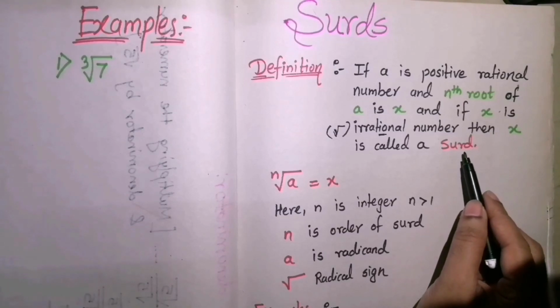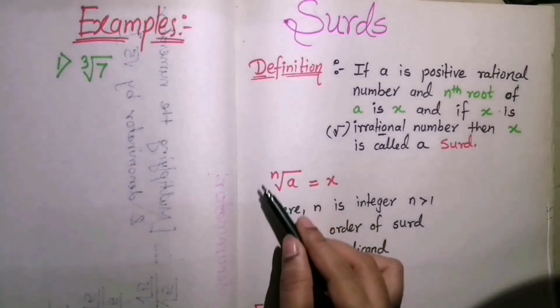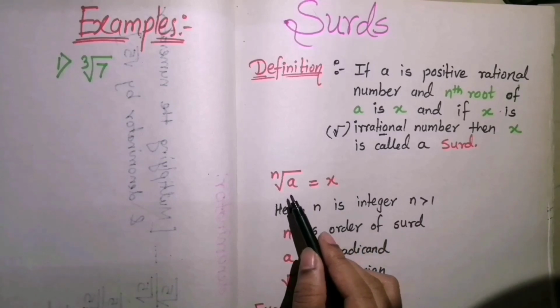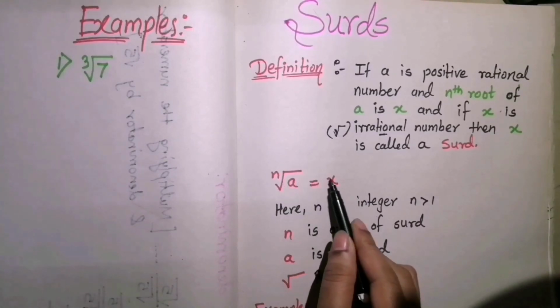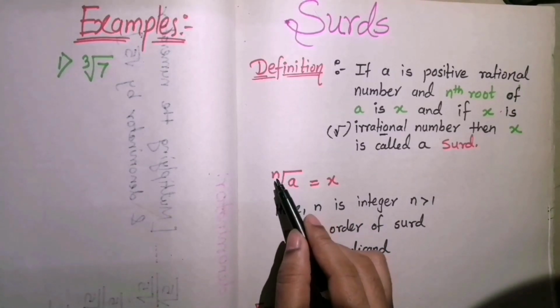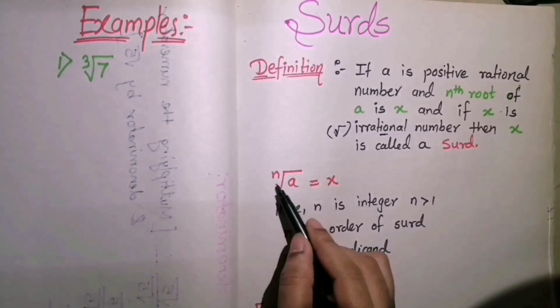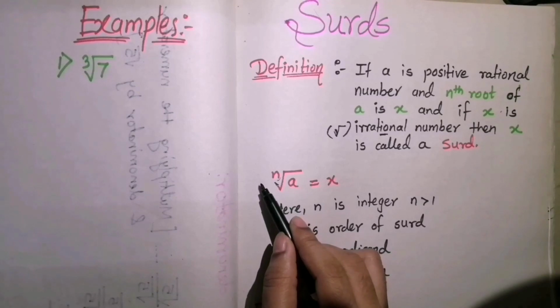So students, if it is not understood clearly, when we understand with the help of an example, you will be clear on the concept of the definition. So students, look at this one. How to read the nth root of A equals x. The nth root of A, that means, look here students, n is under the root sign, not behind or beside it.